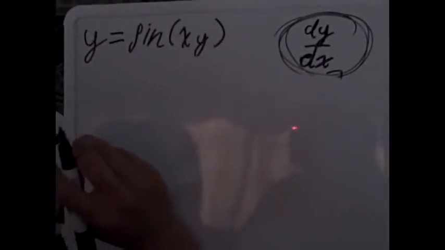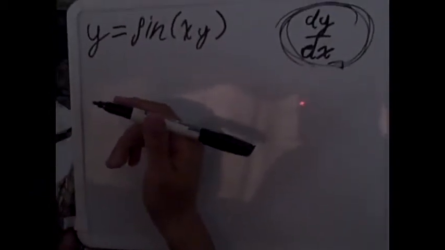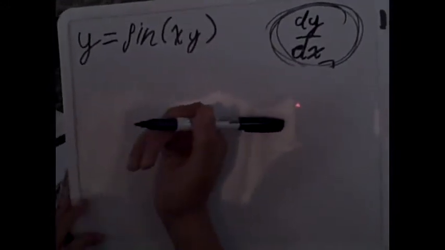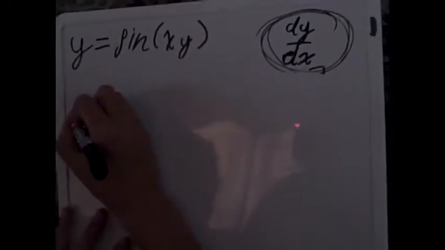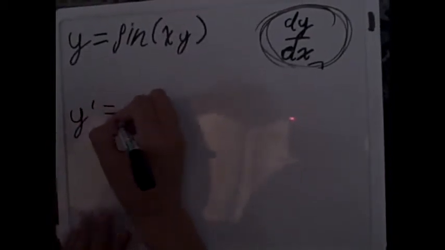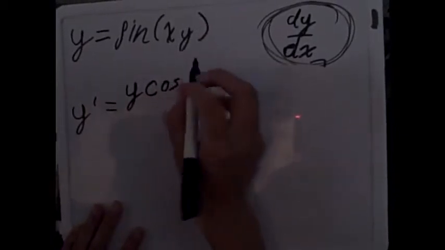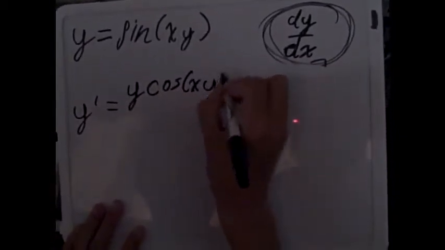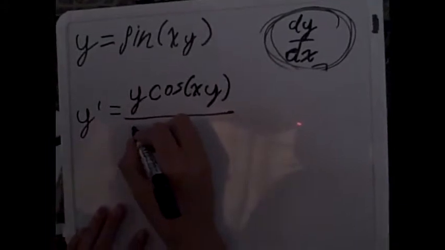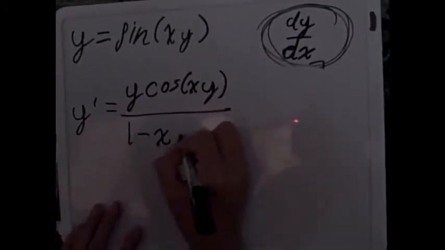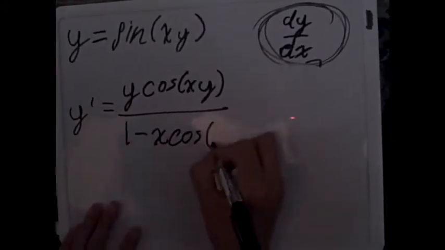Let me just erase this so we could get more space. After you have divided by 1 minus x cosine xy, you will get y prime is equal to y cosine xy all over 1 minus x cosine xy.